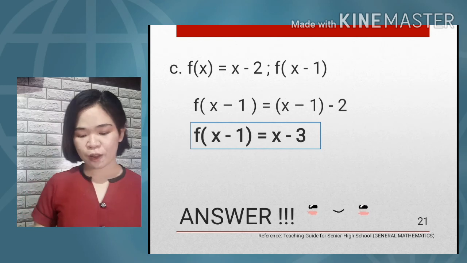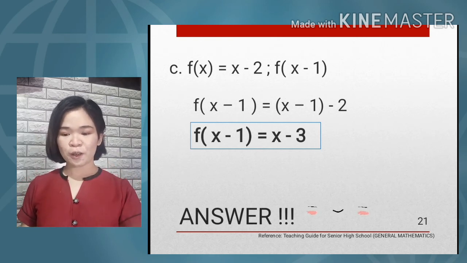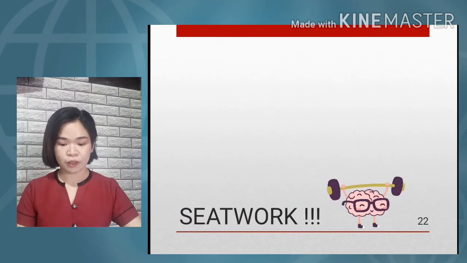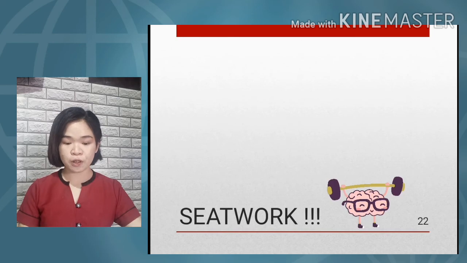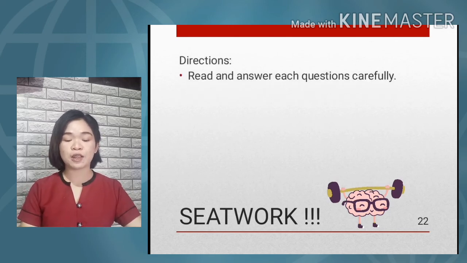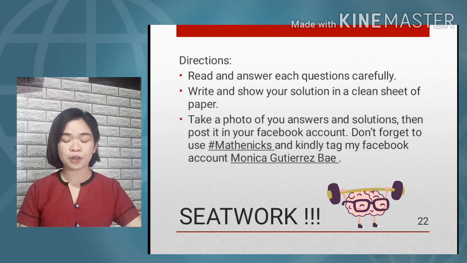Okay, so our next slide is the set work. I hope you learned to evaluate functions. The direction is to read and answer each question carefully, then write and show your solution on a clean sheet of paper, take a photo of your answers and solutions, and post it on your Facebook account.